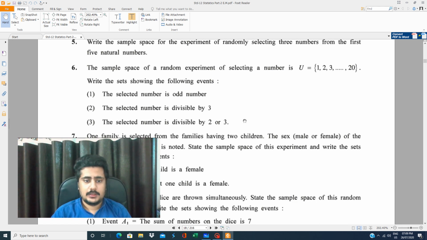Now I'll be doing number 6. It's exercise 1.1, number 6. Up till 5 we have done.